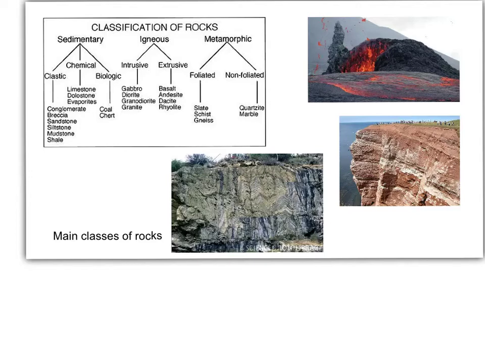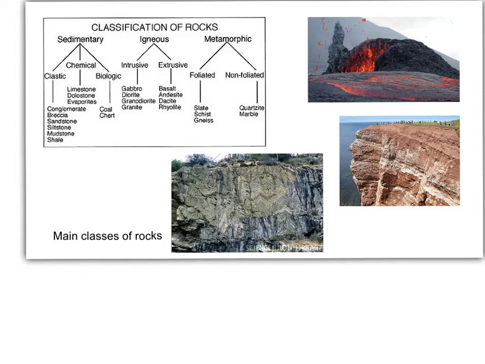Classification is oftentimes a very important first step in trying to just make sense of this bewildering array of different rocks or different species or different organ types or other kinds of areas that different scientists would like to study and to make sense of.